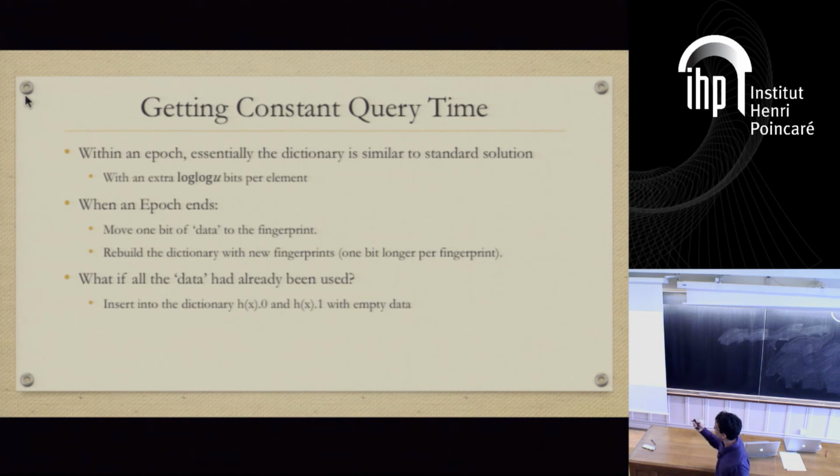Within an epoch, essentially, the dictionary is similar. But what happens when an epoch ends? When an epoch ends, we suddenly have too many items. So this is the place where we use these spare bits. We can move one spare bit from the spare part to the actual signature and get a longer signature. And this will, for the exact same reason, work until we run out of these spare bits.